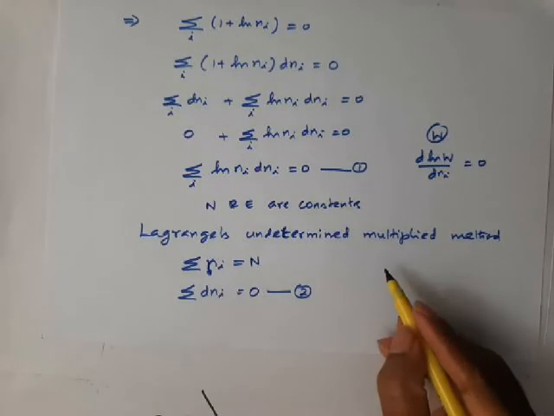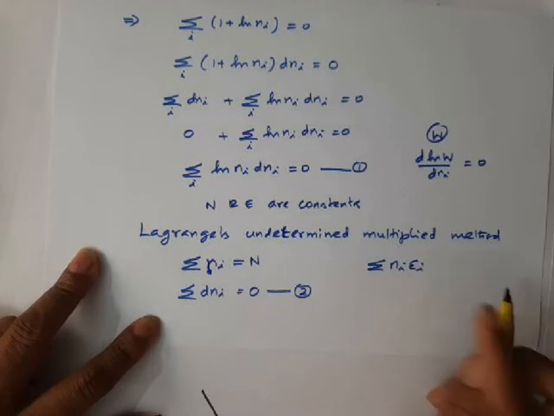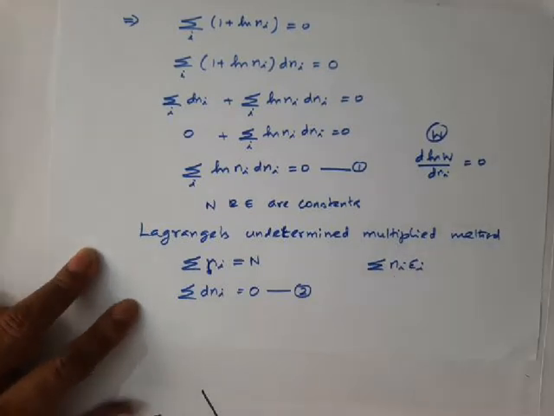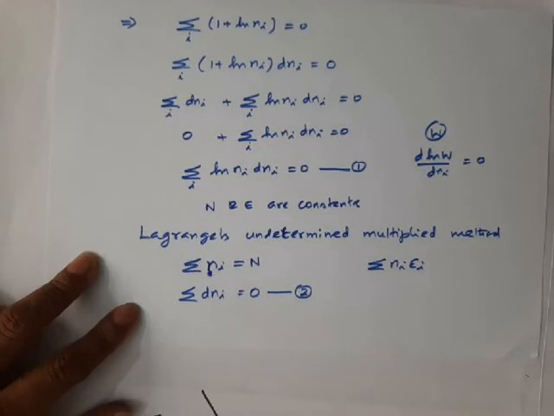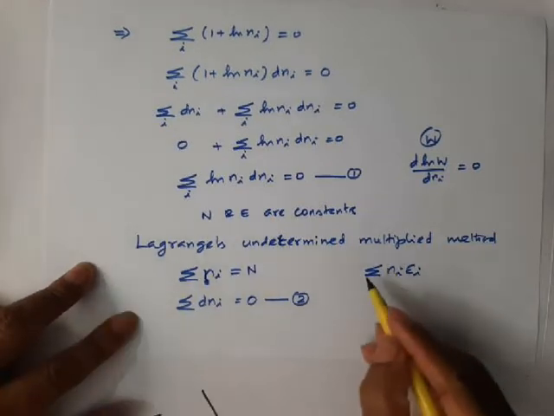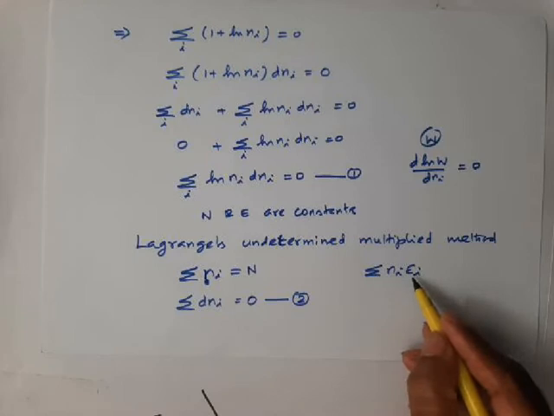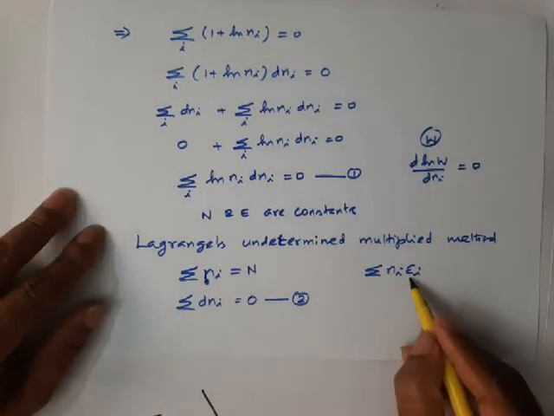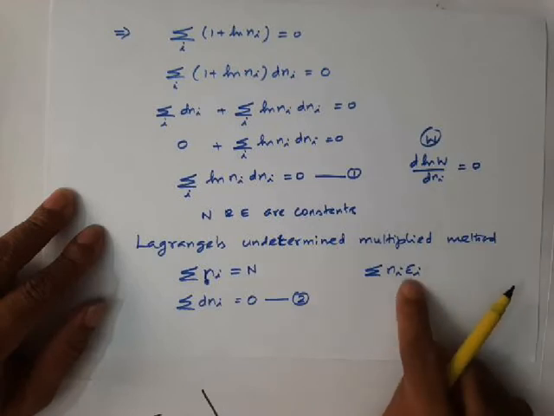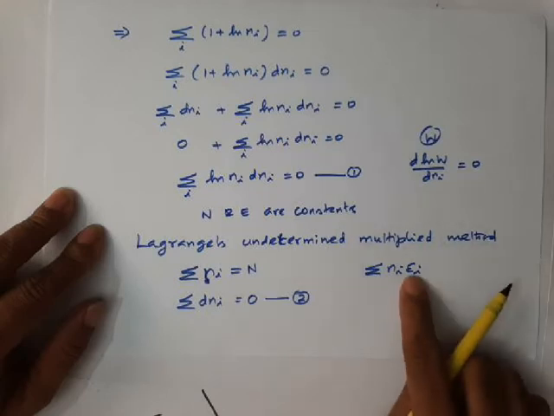Similarly, summation ni into Ei, the number of particles in the ith level into the energy of the ith level. You know the energy of each level is obtained from quantum mechanics, and it is independent of temperature and of the number of particles.